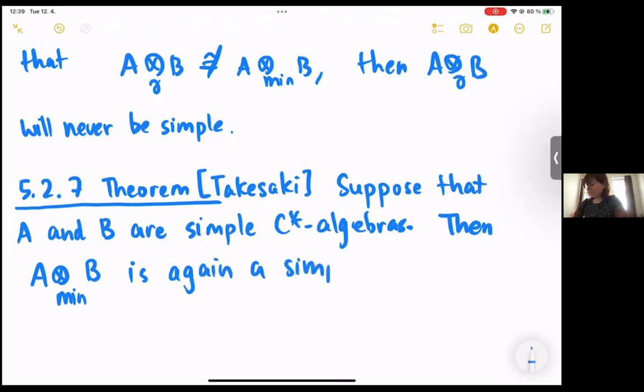So simplicity is preserved under minimal tensor products.